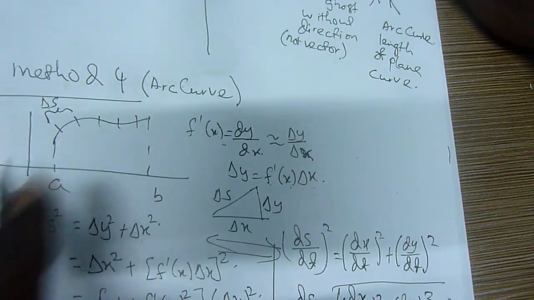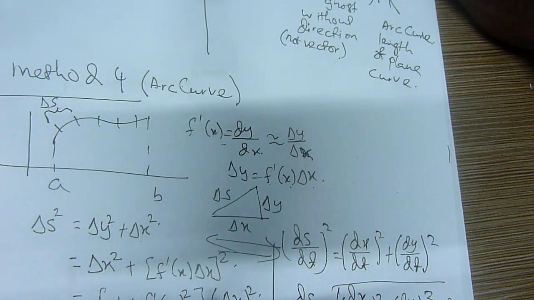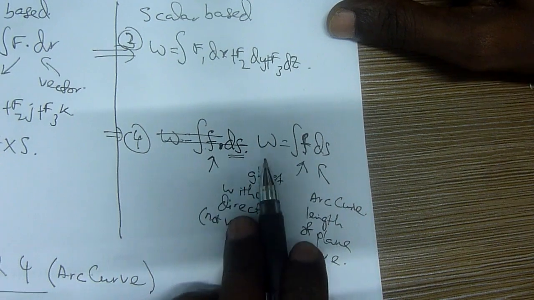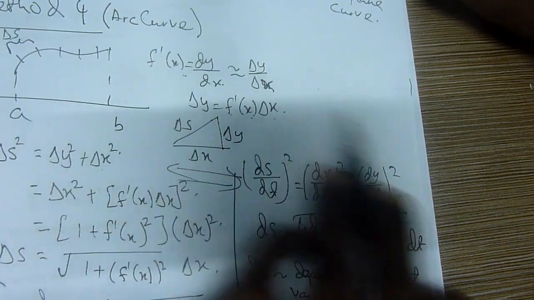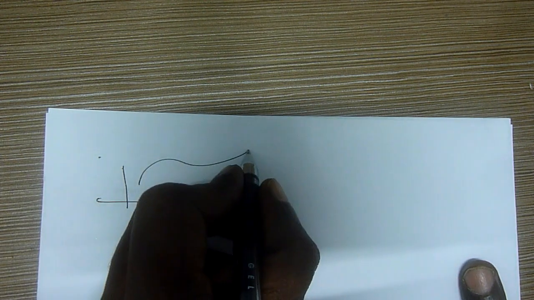How do we calculate this method 4? I'm going to introduce it to you. Before I introduce method 4, this knowledge is important. Based on that, method 4 is basically a calculation of this. What we are trying to do here is the length.